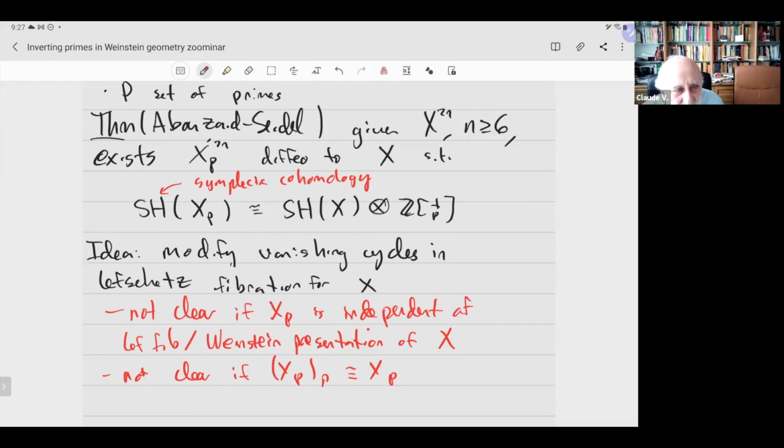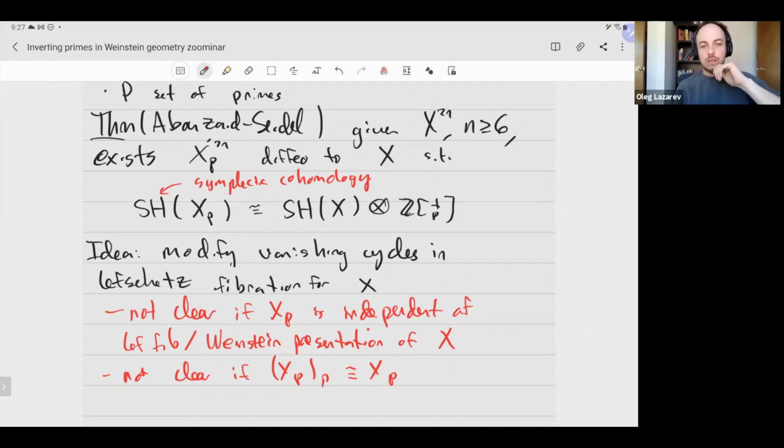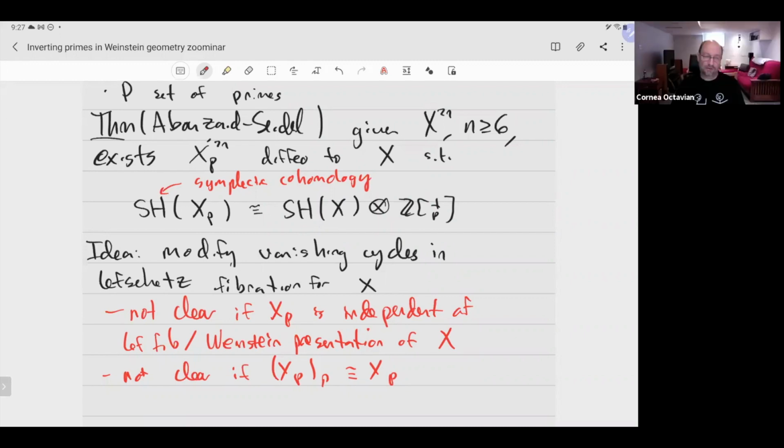I don't understand how XP should be diffeomorphic to X, because when you replace SH of X by SH of X tensor Z[1/p], you should also do something to the homology of X, so XP should not have the same homology as X. In general, it depends which part of the homology goes to something non-zero in SH of X. I think what's happening is that you have exact sequences relating singular homology and symplectic homology, but the structure at infinity in this new XP is very different, so the singular homology remains the same, but it's perturbed by what happens at infinity.